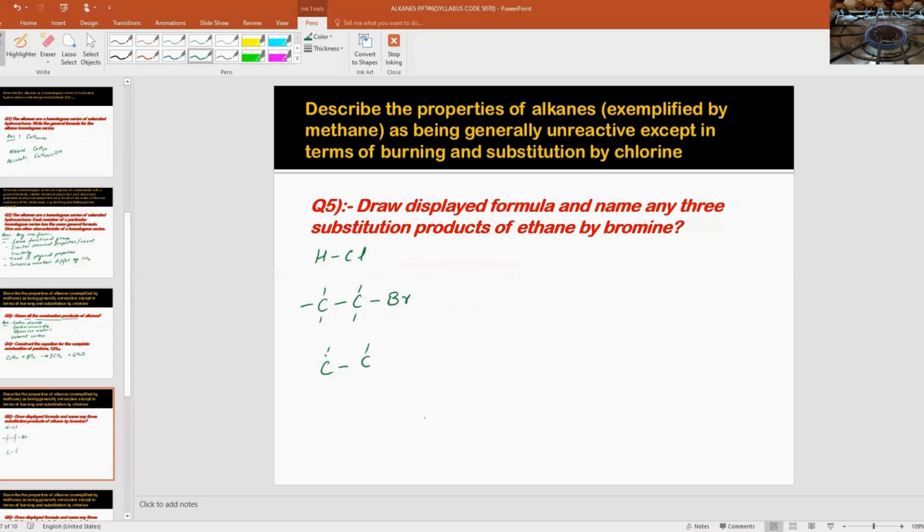Here's another one. I will show the hydrogen now. Let's write their names.